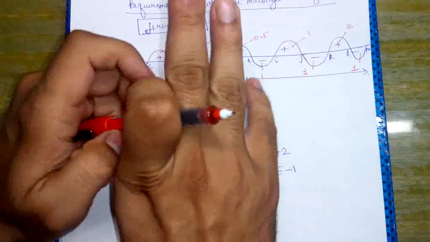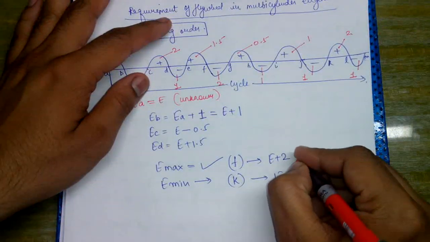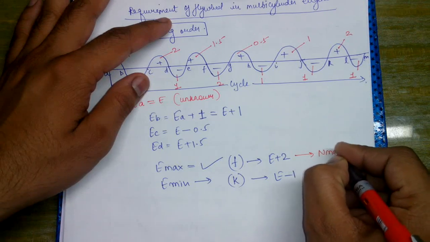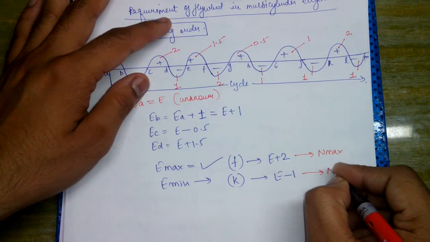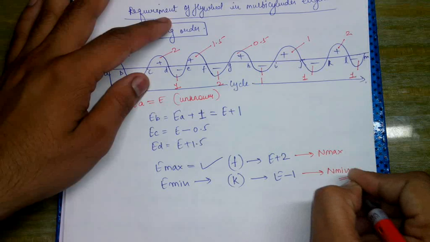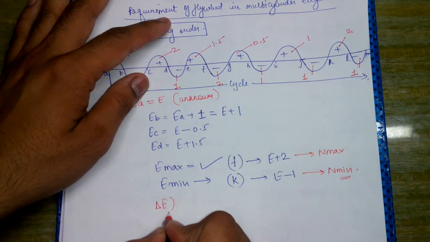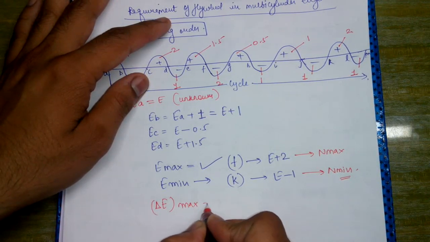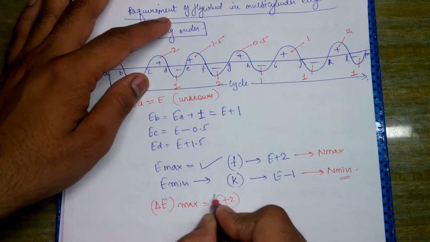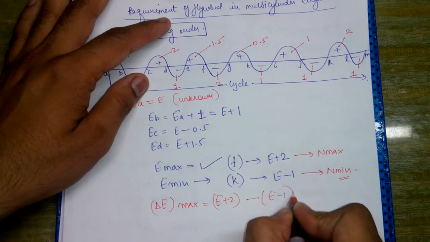E max corresponds to N max, and E min corresponds to N minimum. So delta E maximum would be E plus 2 minus E minus 1.